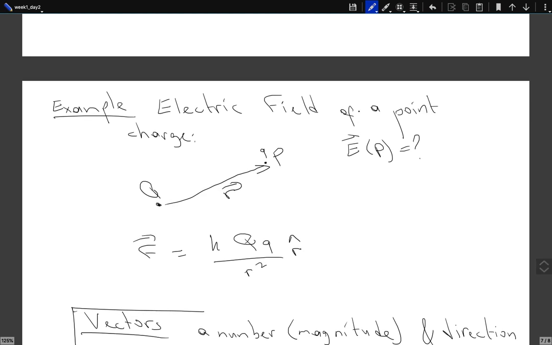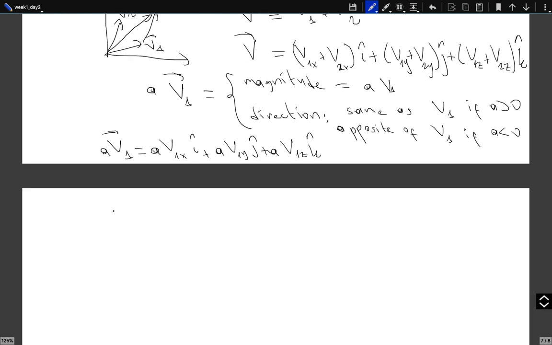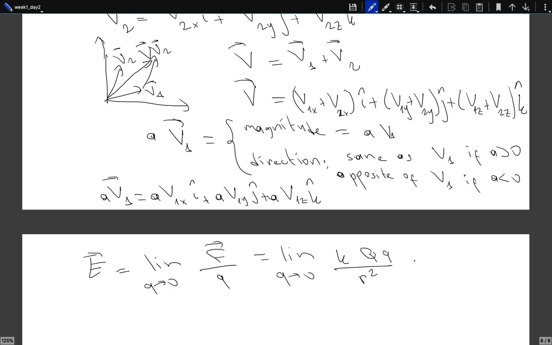And, well, let's continue. The electric field was defined as the force divided by Q. Well, the force we had already written: K Q times small q over r squared, in this direction, times 1 over q.